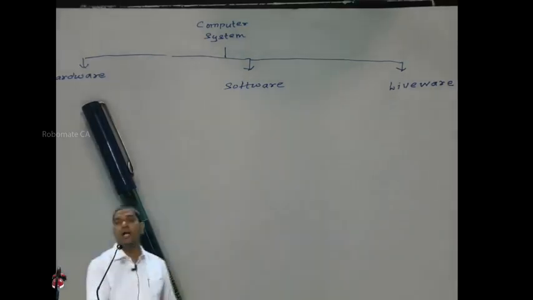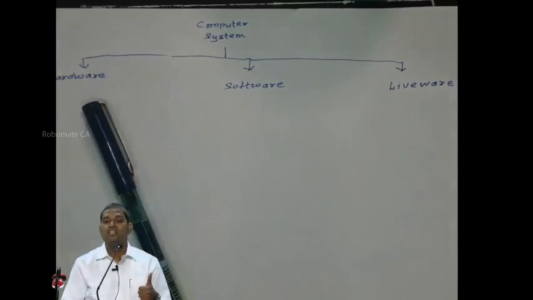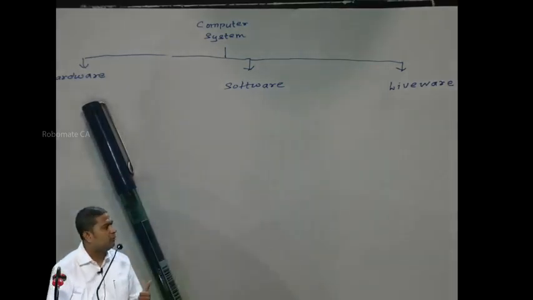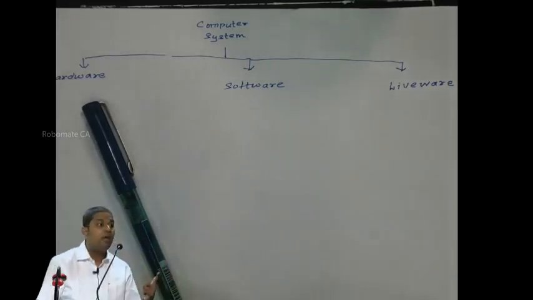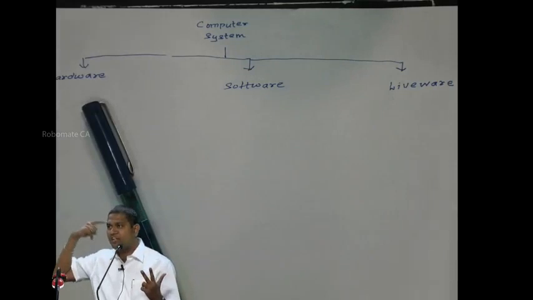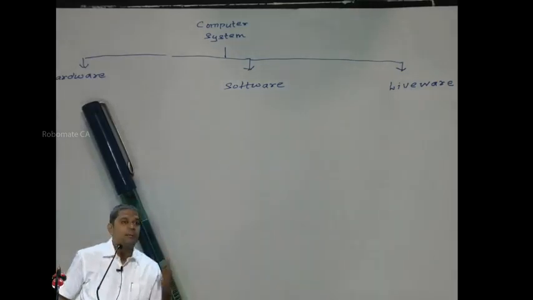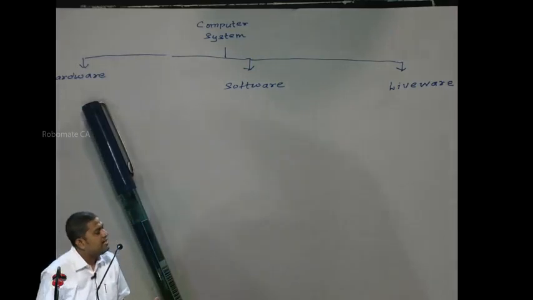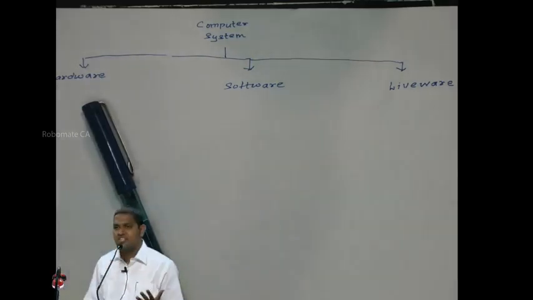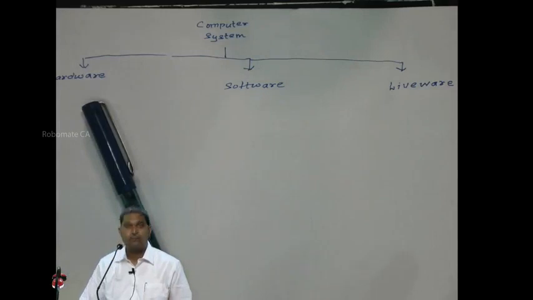Yes, so again, hardware is tangible. All the physical tangible components of a computing system are called hardware. Software is a collection of programs. A program is a logical collection of commands, and liveware is the people, the individuals who are interacting with the computing system. Is it fine till here?